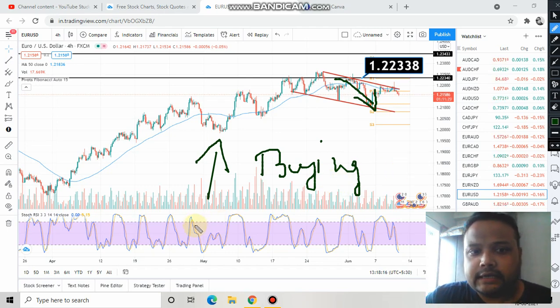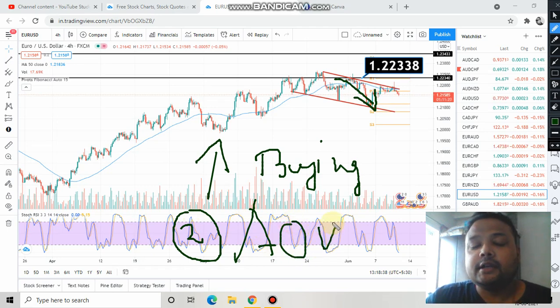The second point is we should always find out the area of value. Area of value means the best trading possibility or the best trading spot. In an uptrend market, the best trading spot is always near the support, whereas in a downtrend market, the best trading opportunity to short the market is always near the resistance. So these are the thumb rules.